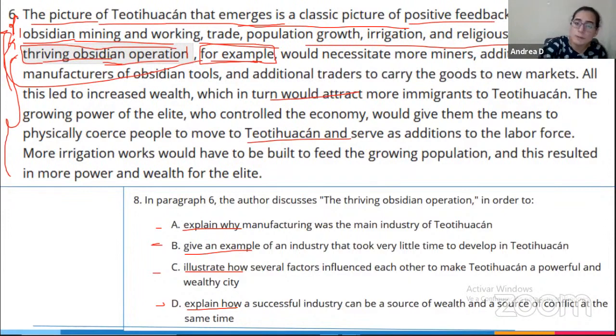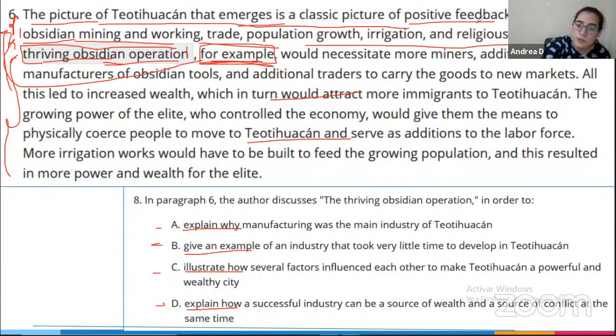So what you need to do is pay attention whenever you have these connectors. If you had something like, for instance, or to illustrate, or even if you had it here, like to illustrate the thriving obsidian operation would necessitate more miners, or exemplifying, or take the thriving obsidian operation as an example.